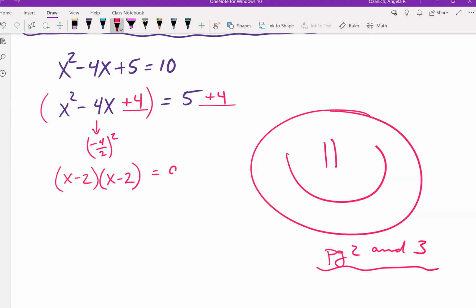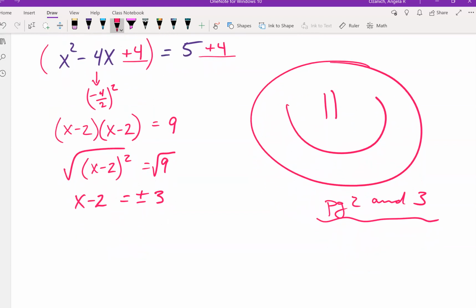And if we're going to continue to solve, we can write this as x minus 2 squared, take the square root of both sides of our equation. We're left with x minus 2 is equal to, when we take the square root of our 9, remember it's going to be plus and minus 3, which leads us to two separate equations, one that is x minus 2 is equal to 3, the other that is x minus 2 is equal to a negative 3.